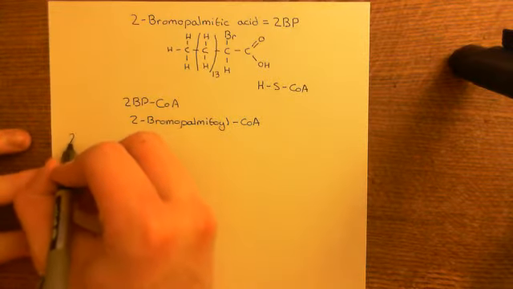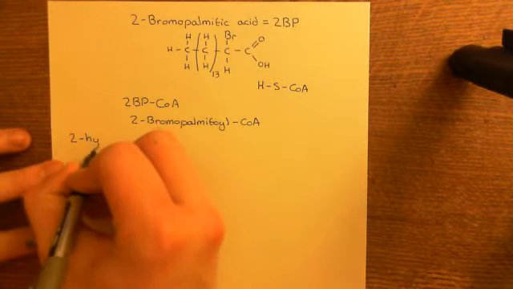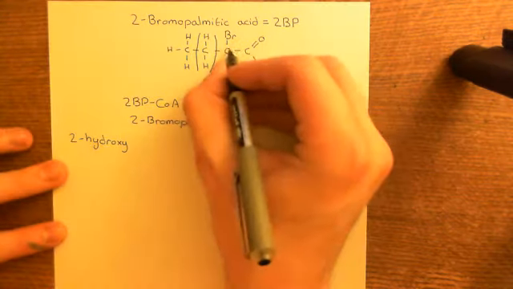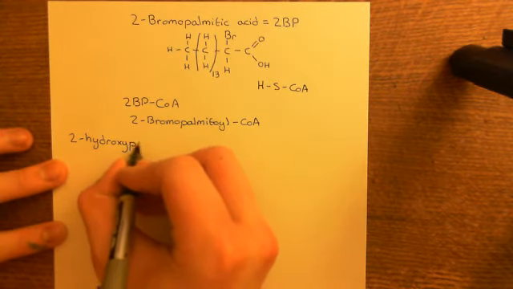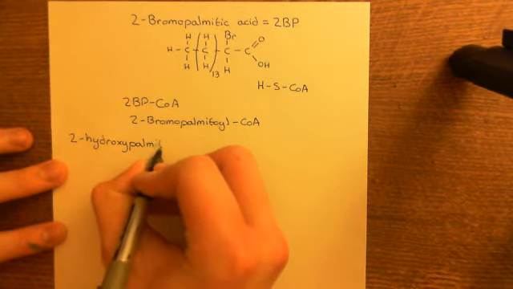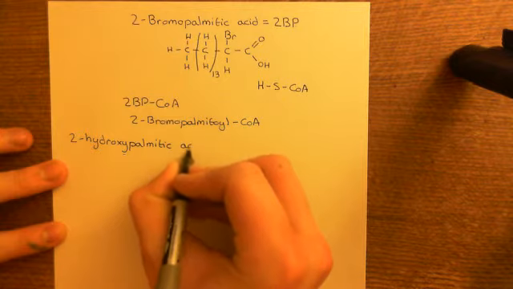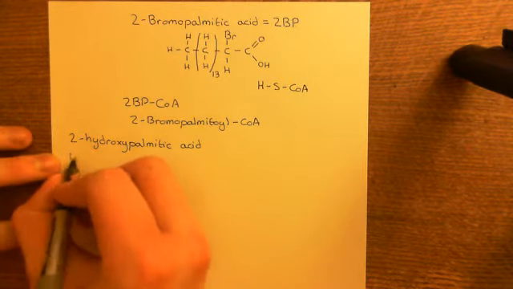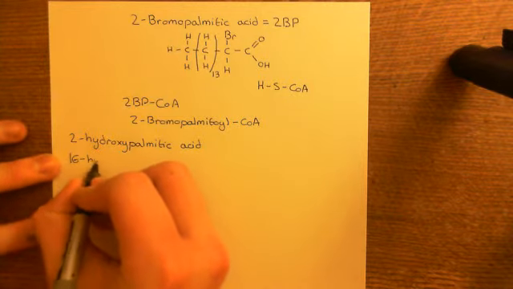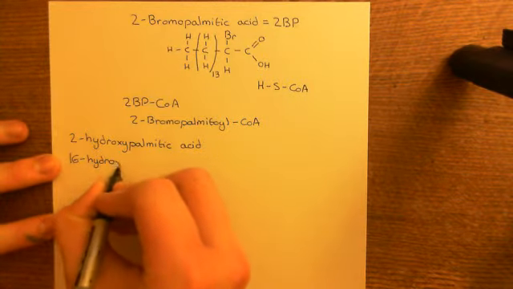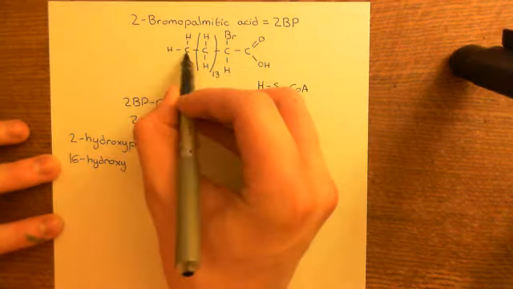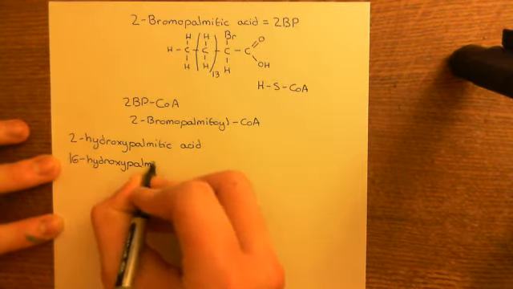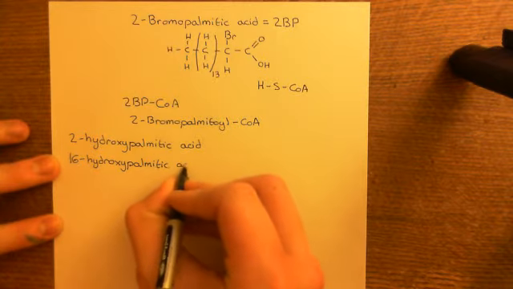So, for instance, if you create 2-hydroxy-palmitic acid, which is where you put an alcohol group off the second carbon rather than a bromine atom off that second carbon, this is not effective at all at blocking palmitoylation. Another example is 16-hydroxy-palmitic acid, which is where you put an alcohol group off the 16th carbon here. Okay, that's not an effective inhibitor of palmitoylation at all either.